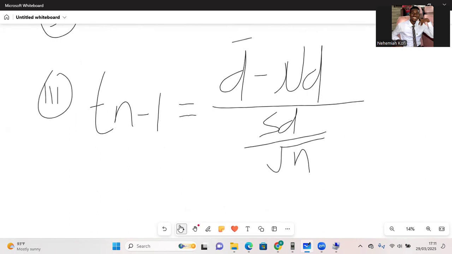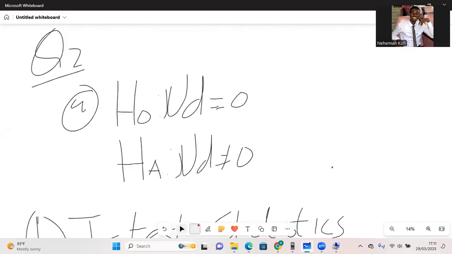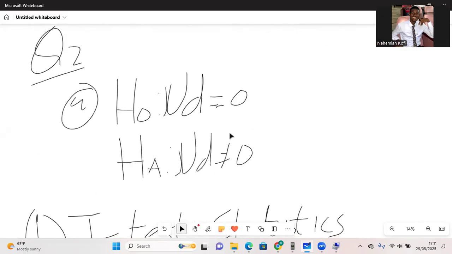Remember that mu D is approximately equal to 0. The reason why it's equal to 0 is because that's what the null hypothesis was saying. It was saying that mu D is equal to 0. There's no difference. And here is saying that there's a difference.